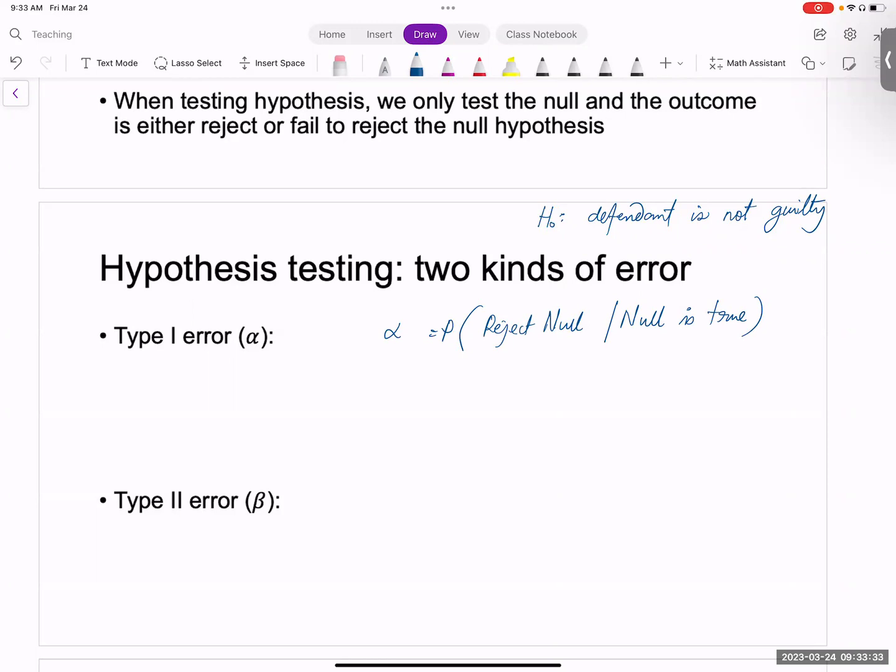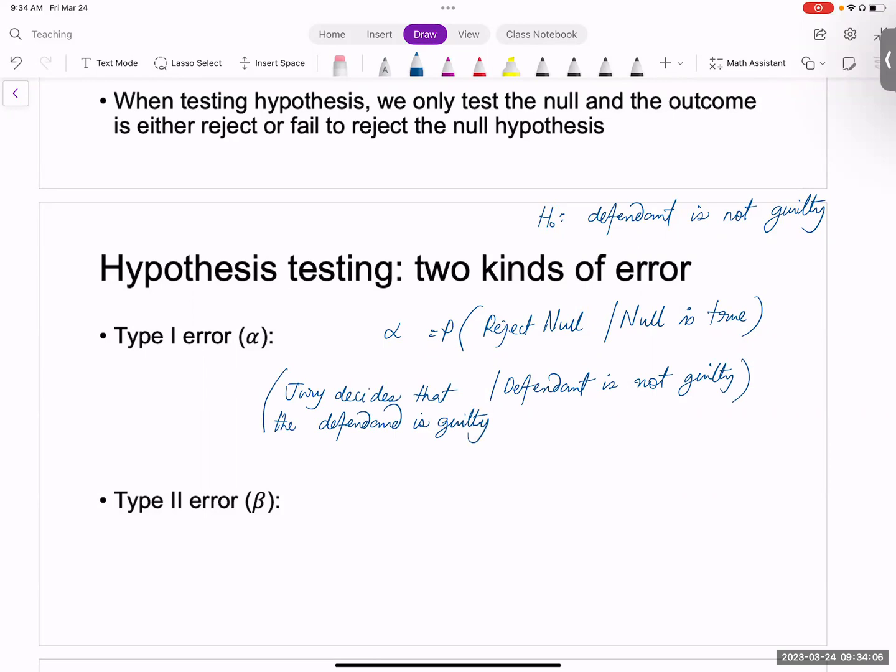Let's say the defendant is indeed not guilty, but the jury decides, for some reason, that the defendant is guilty.